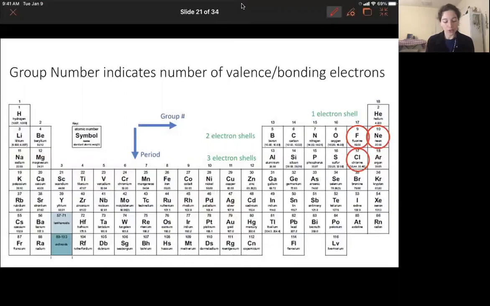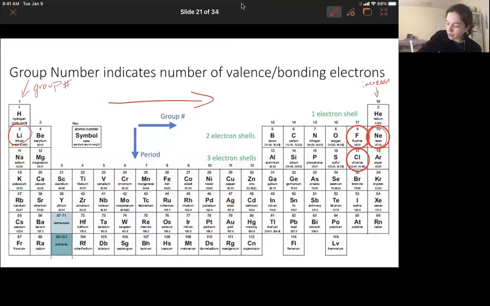Something you're going to notice is that as you go across the periodic table from lithium over here to the other end, to your neon, your group number, this here, increases. You'll see it goes up from 1 to 18.